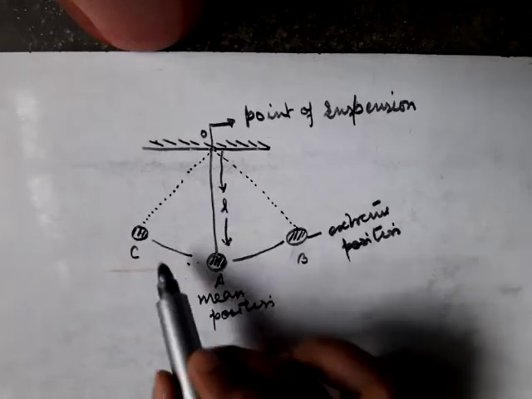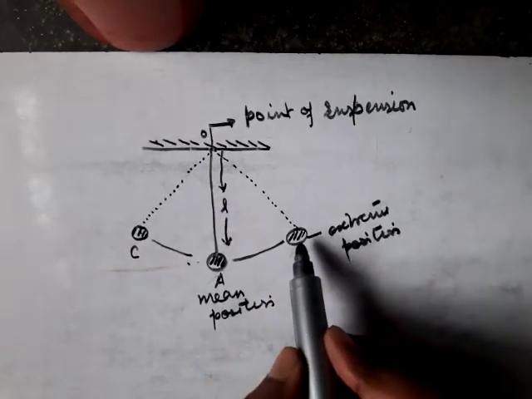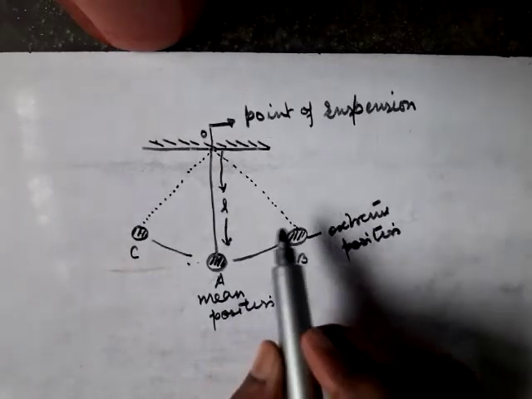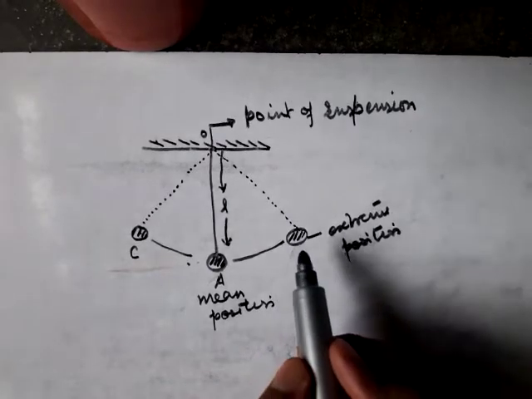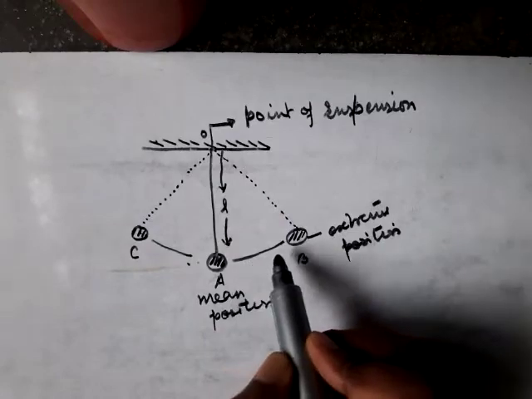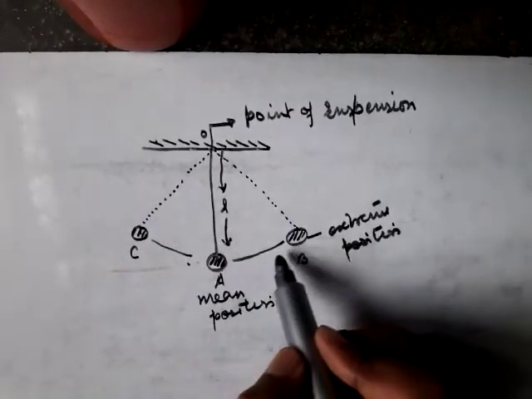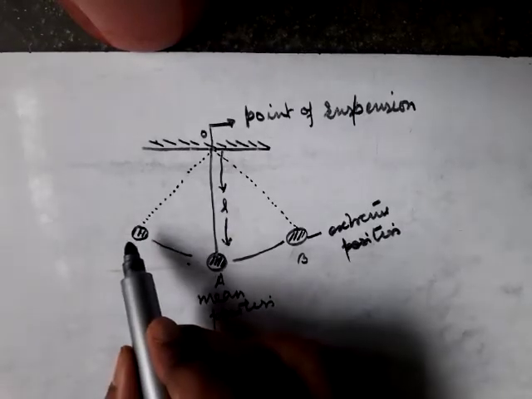So, what is oscillation? Regarding that, the first term is oscillation. Oscillation is the complete to and fro motion of the pendulum. Complete to and fro means this is to, this is fro: after it comes to the mean position, then the extreme position, to and fro.